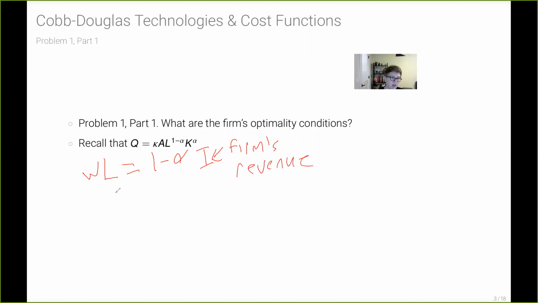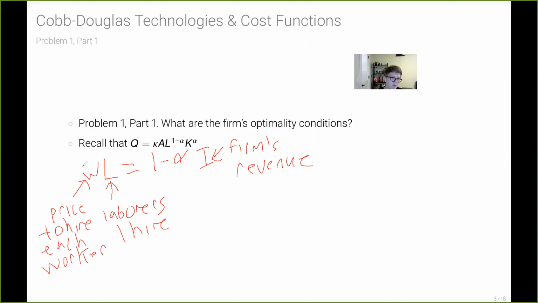And so how much do I spend on hiring labor? Well, I spend W, the price to hire each worker, times L, the laborers that I hire. Sometimes we call WL the expenditures on labor, or equivalently, the wage bill.